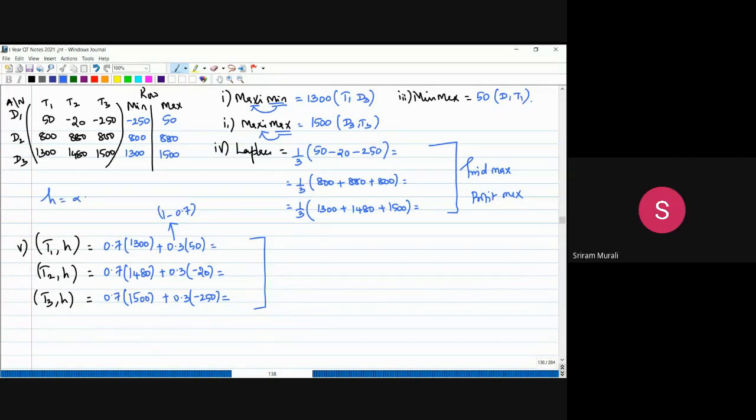Alpha into occurrence, alpha into happening, plus 1 minus alpha into not happening. This is the formula which I gave for H. Do you remember? Now you find the maximum because of profit.